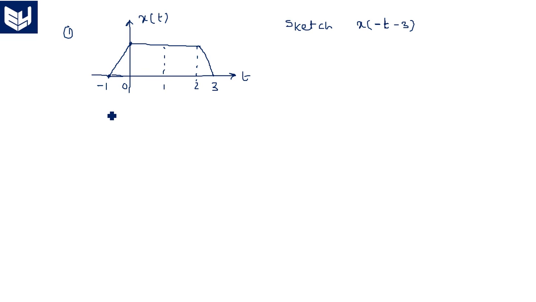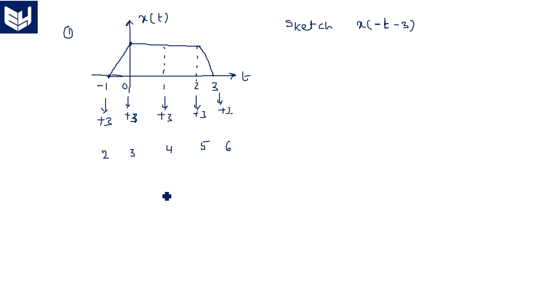So add +3 here, here, here, and here also. What are the new limits of this signal now? Now it is 2, 3, 4, 5, and 6.